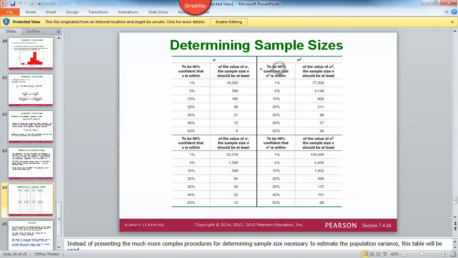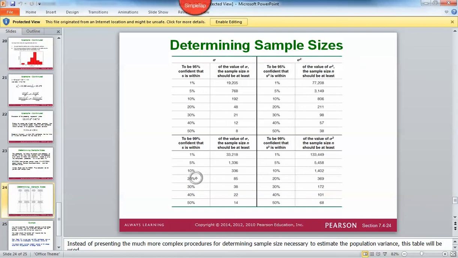Both of these two here are for a 95% confidence level. And the one on the left is standard deviation, the one on the right is variance. And these are both for 95%. So it depends on whether you're talking about standard deviation or variance.